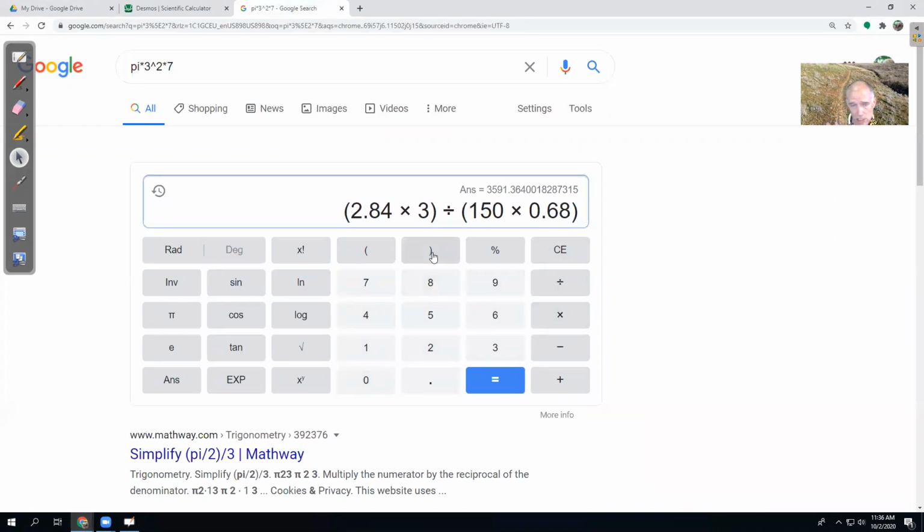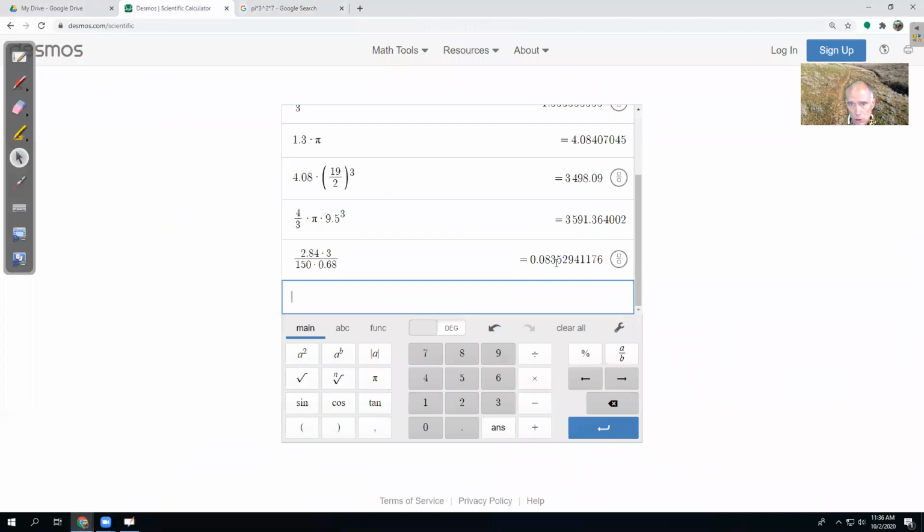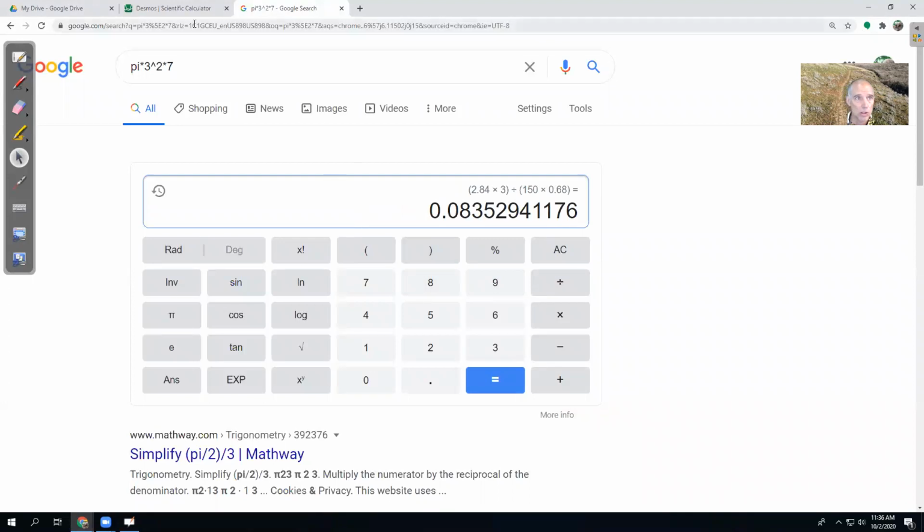Close your parentheses like a good math student, hit enter, and we get the same number, 0.38529, and it just keeps going. When to stop is up to you for how many places you want, but I get the same exact number for either.